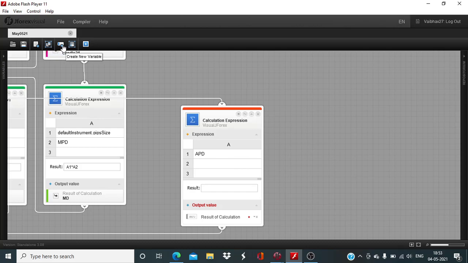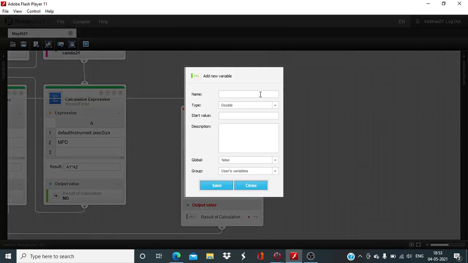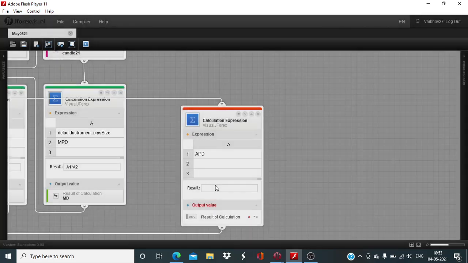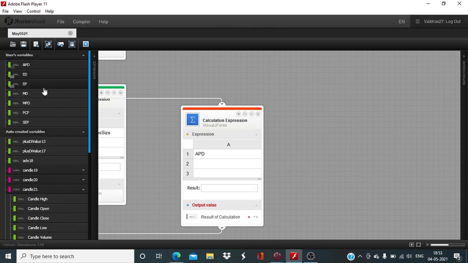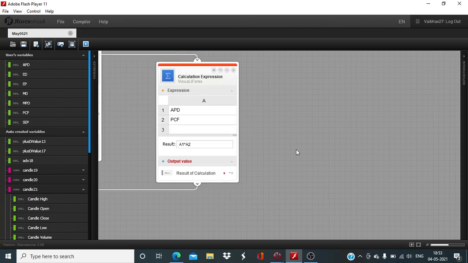So we convert the pip from decimal points to the integer. That's it. This is simple. A1 into A2.